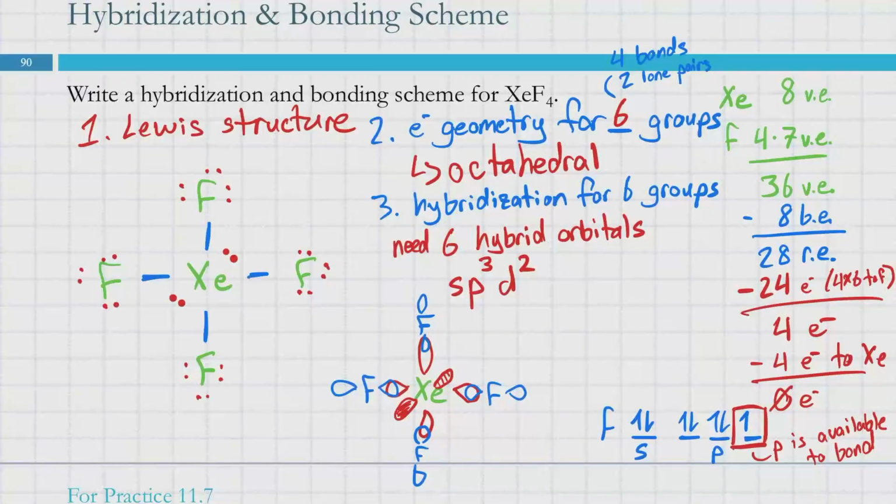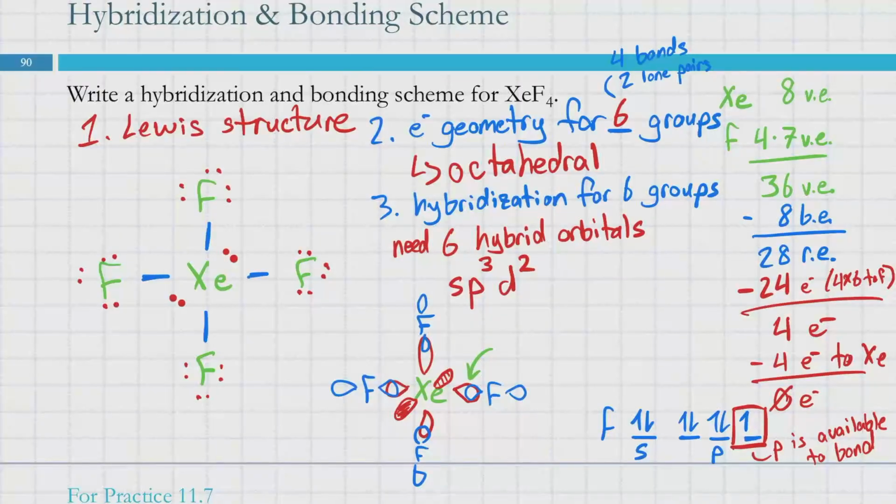That's step 4. And then we have to describe, for step 5, all the bonds are the same, so we can just describe one of them. What kind of overlap do we have between our xenon's sp3d2 and our fluorine's p? Is it direct overlap or is it that side-to-side overlap?